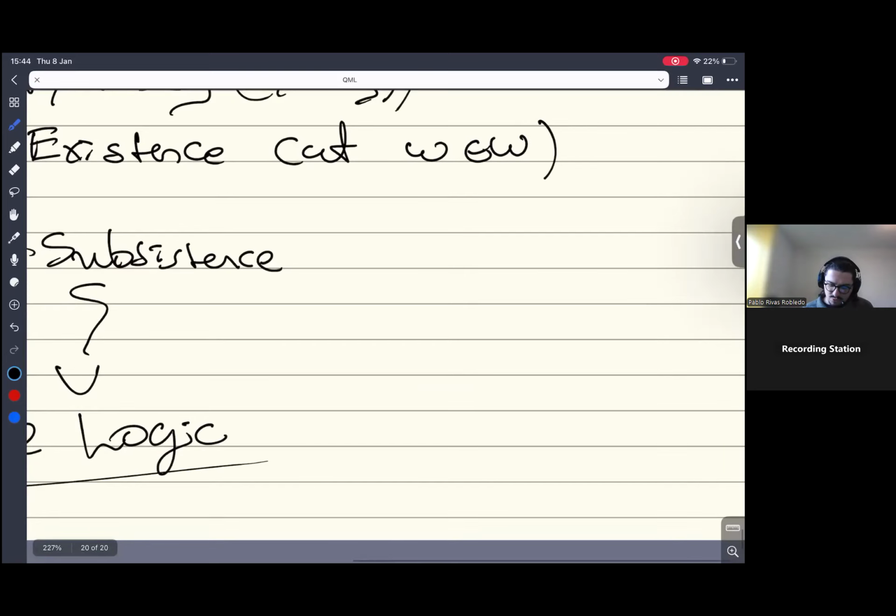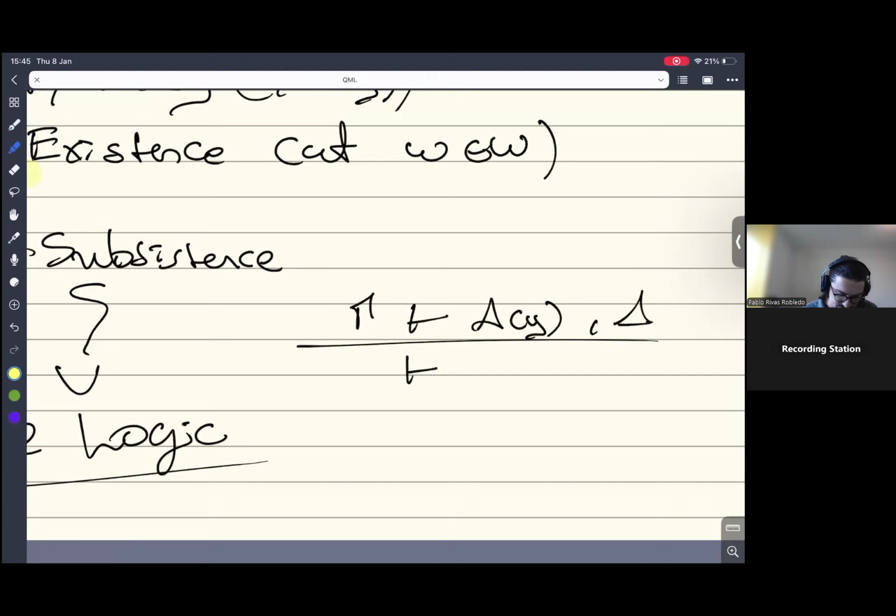To give you a first taste of how this works, normally what we have in quantified logic is this. I'm going to write this again.